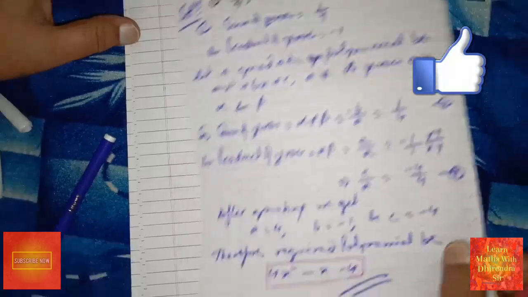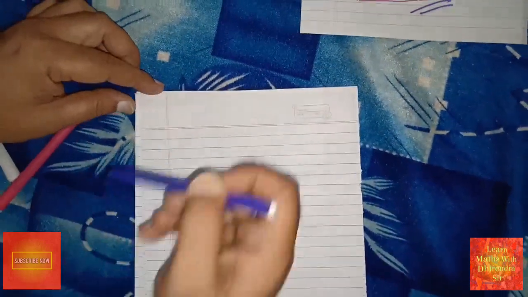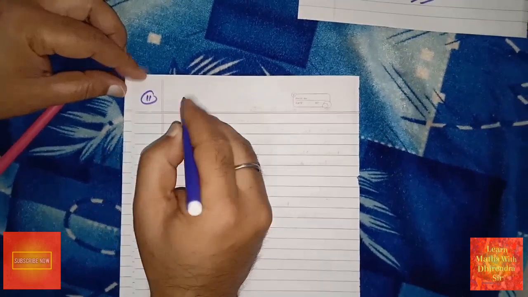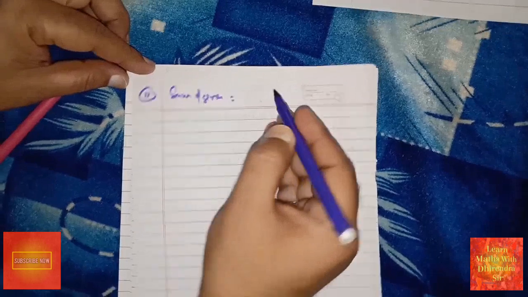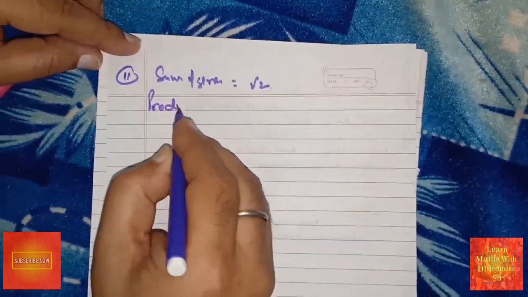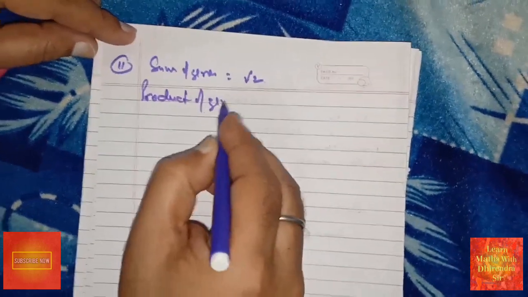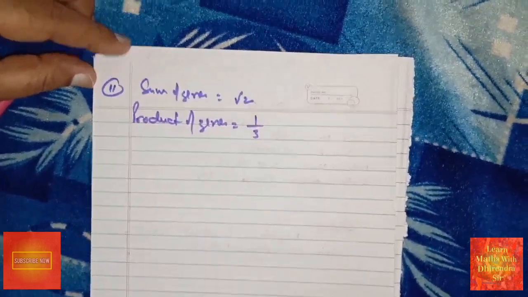Similarly we got another question √2 and 1/3. Take second part, sum of zeros √2 and product of zeros equal to 1/3.